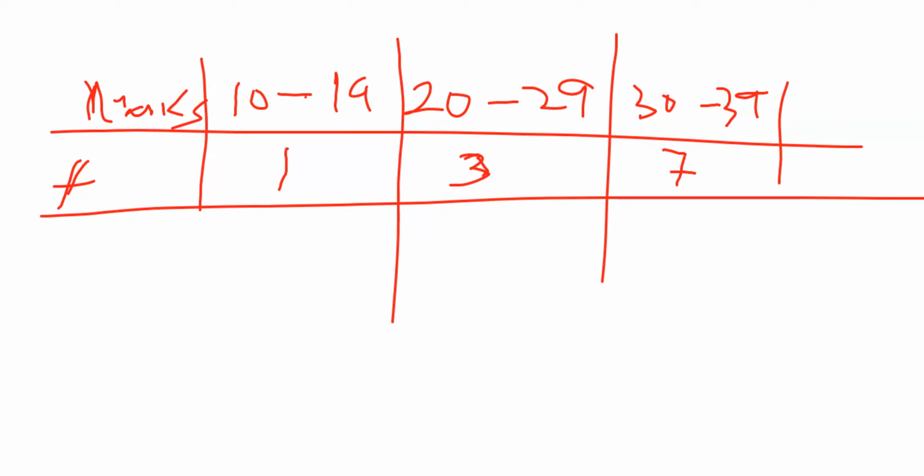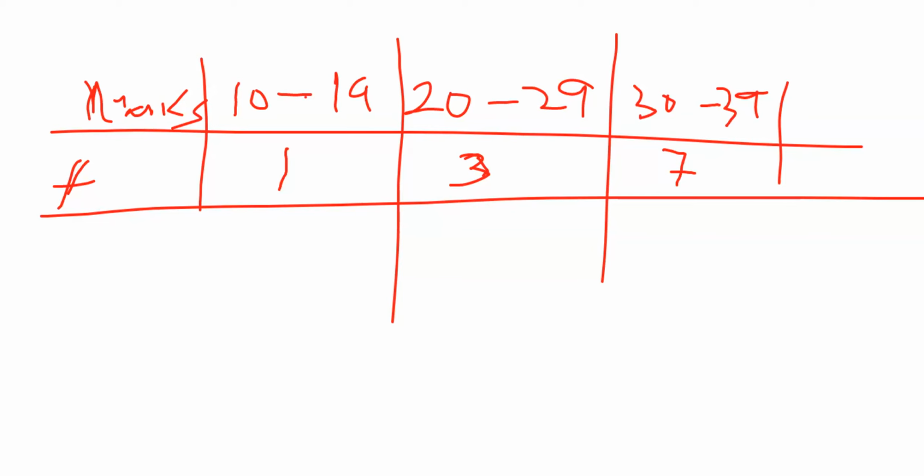The next group is 50 to 59, and the frequency is 30. The next one is 60 to 69. The frequency is 22.